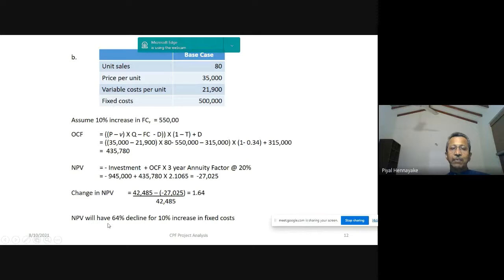That means NPV will have a 164% decline for a 10% increase in fixed costs. So the NPV is highly sensitive to fixed costs. If we can reduce fixed costs by 10%, our NPV will be that much higher as well.